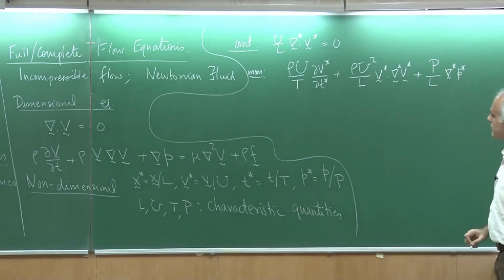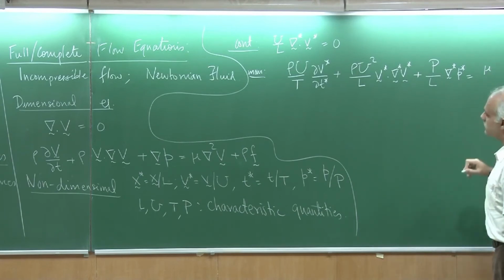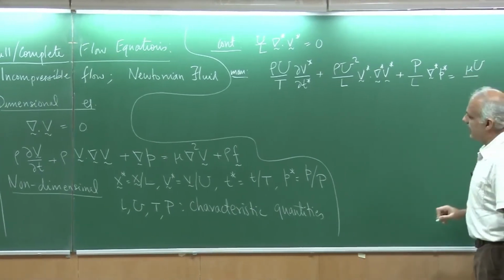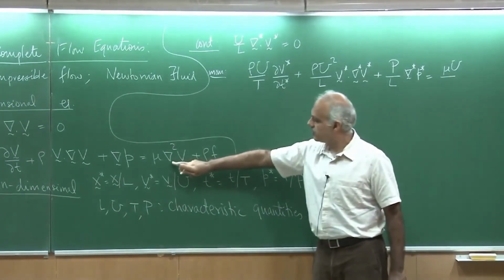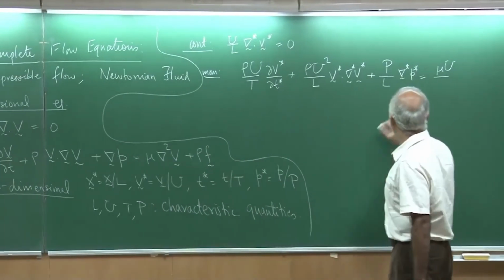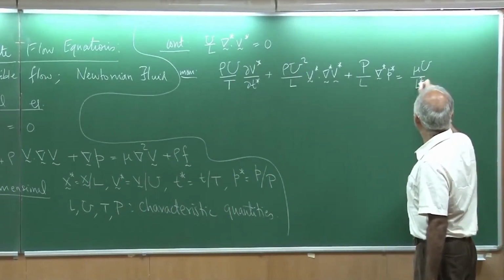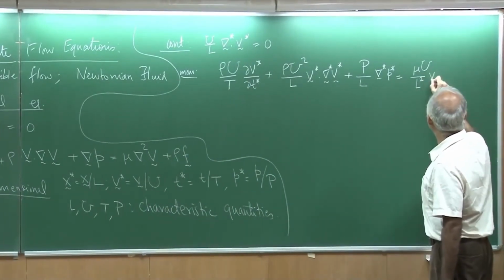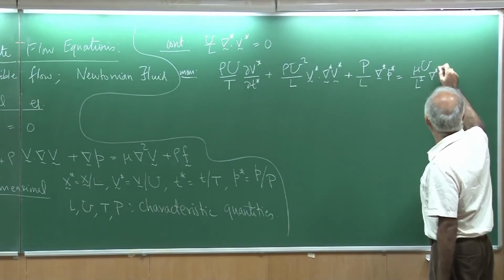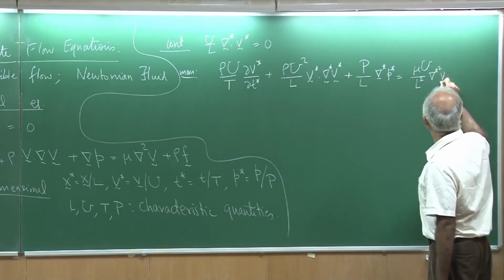Now I come to the right hand side, the viscous term. This would give me a mu. For the velocity I get an uppercase U, and then in the denominator from the Laplacian operator I would get an L square, and this term would be the Laplacian of V star.